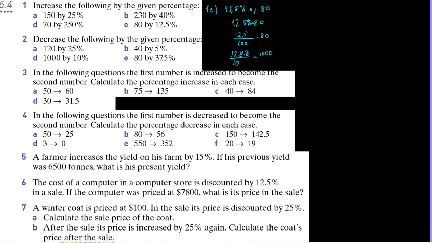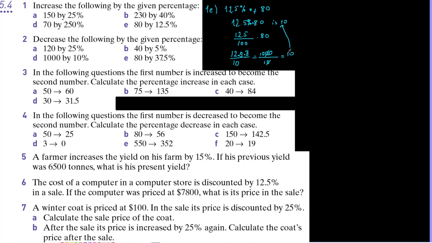But since this number has one decimal place, the result should have one decimal place, and then it's going to be equal to 100 over 10, which is equal to 10. When you simplify this 0 and this 0, it should be equal to 10. So 12.5% of 80 is 10.